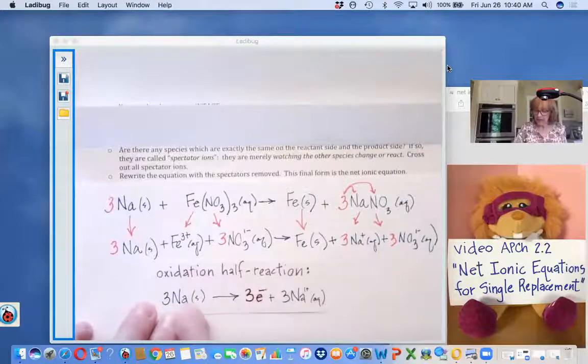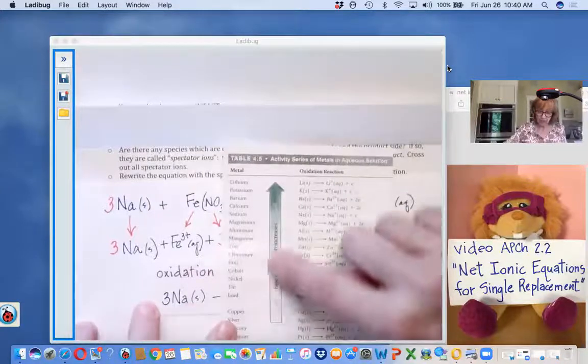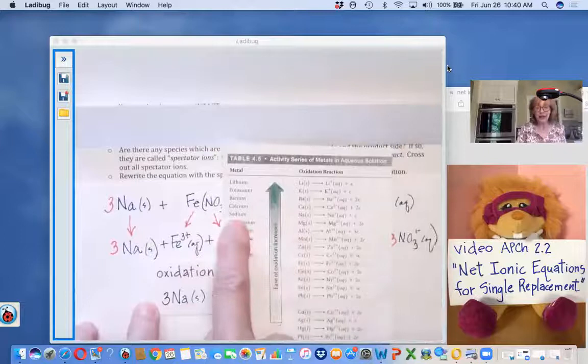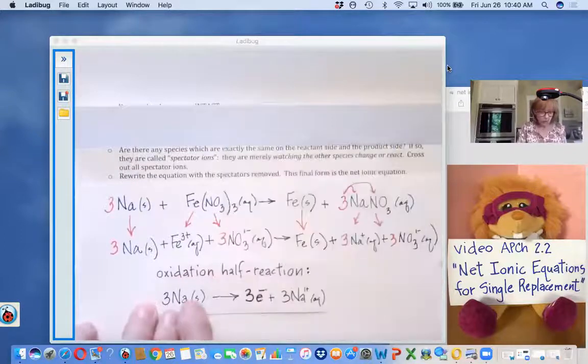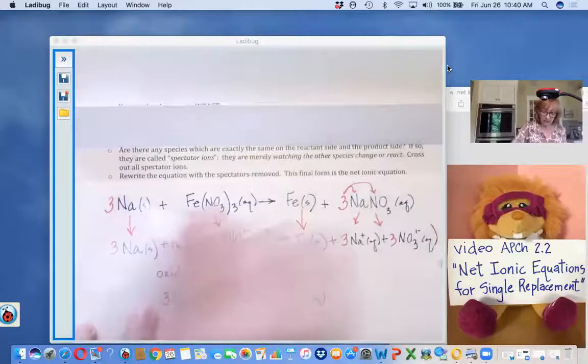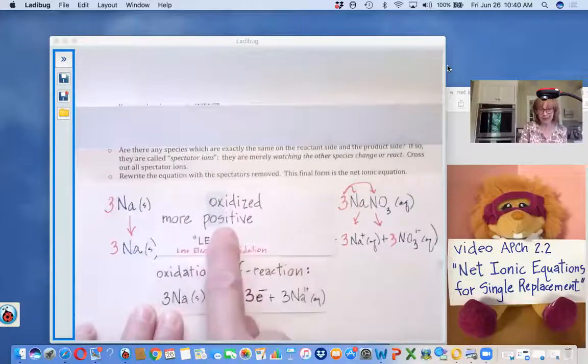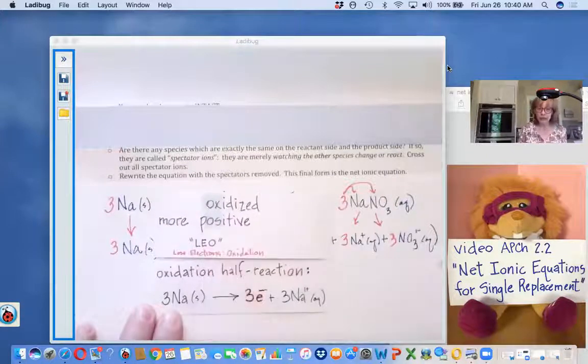These sodium atoms, which are very easily oxidized, are going to oxidize or get more positive by losing their electrons. Each of these gives away 1 valence electron for a total of 3 electrons given away and 3 sodium cations produced.